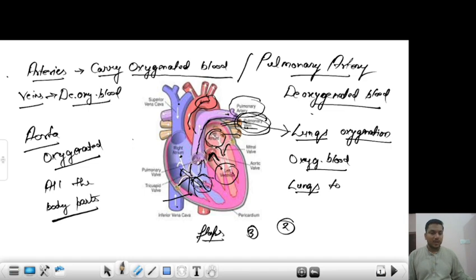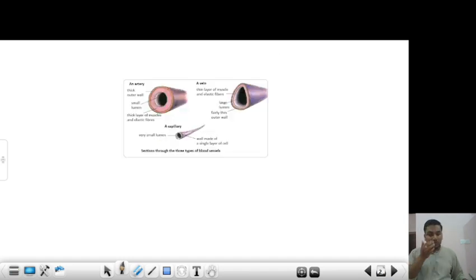So moving forward, talking about another important thing, that is the capillaries, arteries and veins. As I already told you, the basic function of any artery is to carry oxygenated blood. Here you can see the thickness of the wall of the artery.